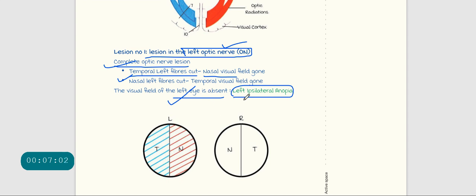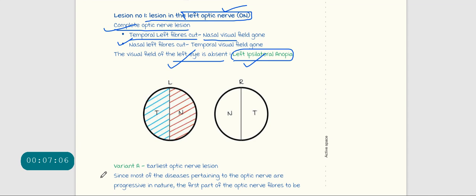Now here is a concept, students, that since most of the diseases pertaining to the optic nerve are progressive in nature, the first part of the optic nerve fiber to be affected will be the macular fiber.